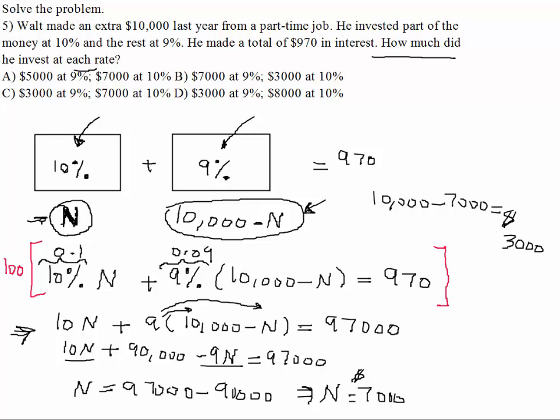So which would be the right choice for me then? A, B, C, or D? C. $3,000 at 9%. It'll be C. Okay, the correct choice here would be C, somebody says. $3,000 at 9% account and $7,000 in the 10% account.